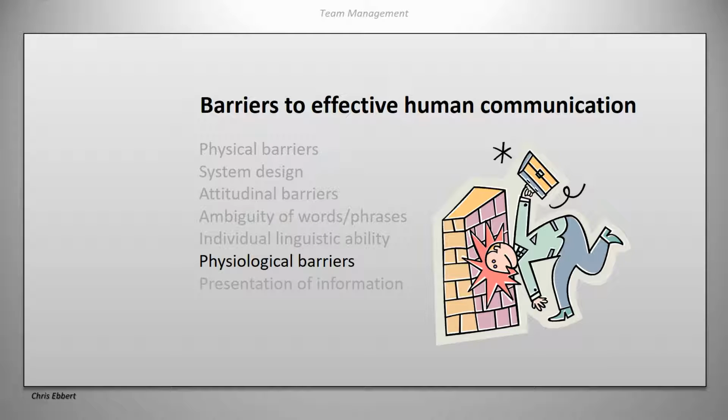There may be physiological barriers, such as perhaps your colleague is actually hard of hearing and his hearing aid isn't working today. And then there is also the way in which information is presented. The presentation of information is a very important skill in communication. There are many different ways of doing that. We've seen them in the previous slides already.